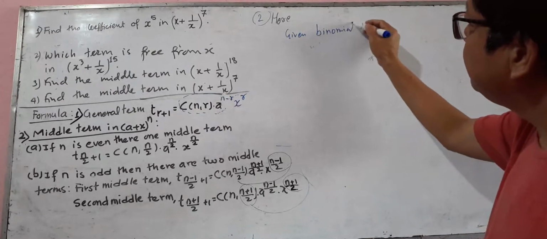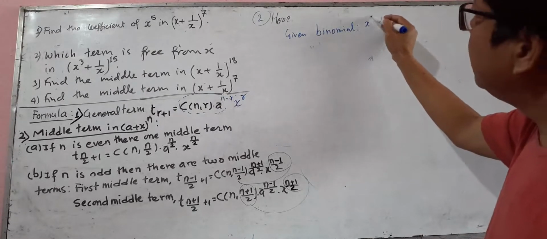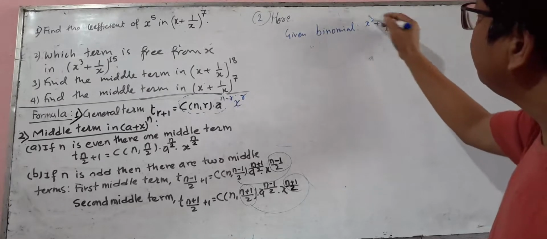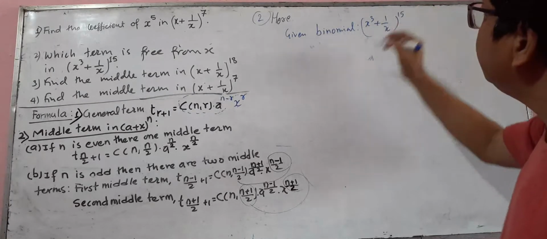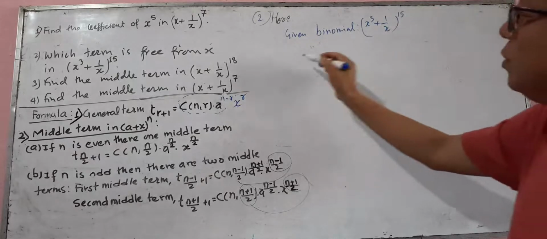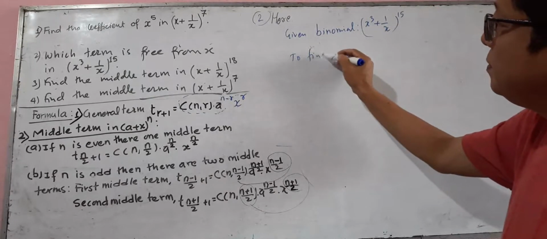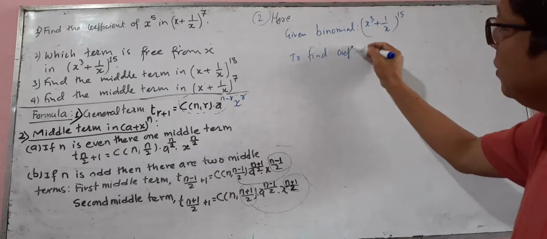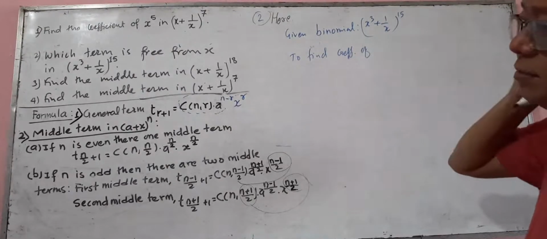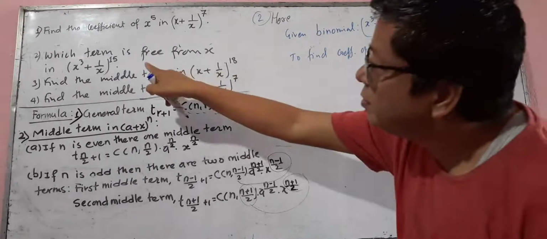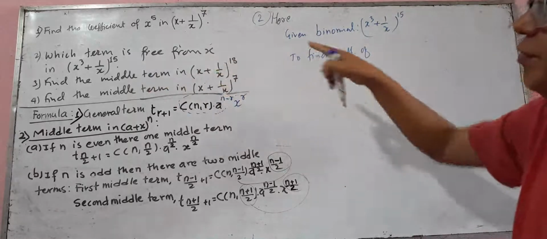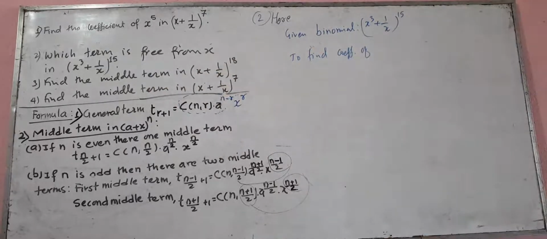Given the binomial, that is (x cube plus 1 by x) whole power 15. So we have to find the coefficient of the term free from x. Which term is it?